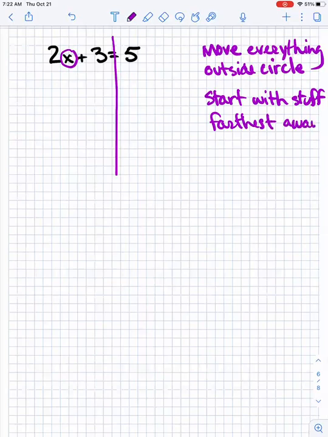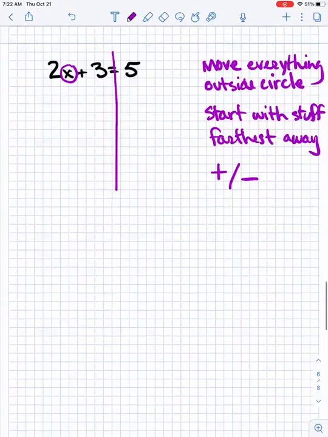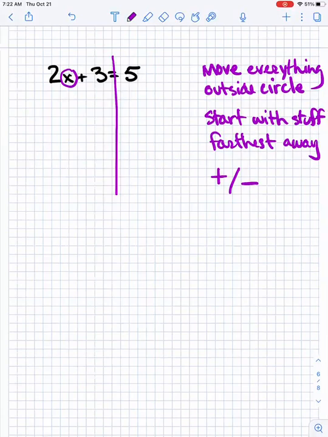Now, remember that we're trying to move it out of this left-hand room. So the 5 is fine. I'm going to leave the 5. The x is fine. The x needs to be in his room by itself. What we need to move are the 2 and that 3. So the stuff that's farthest away is going to end up being plus or minuses. So I'm looking at this plus 3. I'm going to do the opposite, which is minus 3.